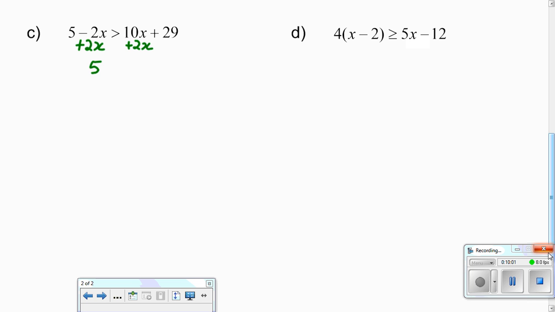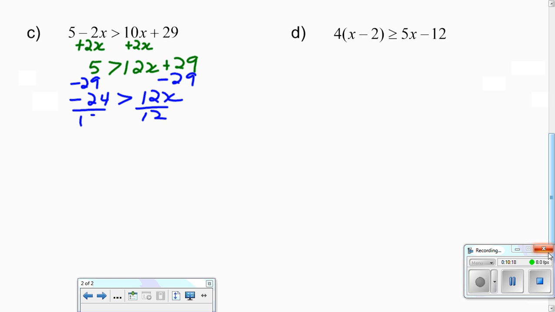So 5 must be greater than 12x plus 29. Now I can group my constants. Minus 29, minus 29, negative 24 must be greater than 12x. Divide both sides by positive 12, so the inequality sign does not switch. So negative 2 must be greater than x.